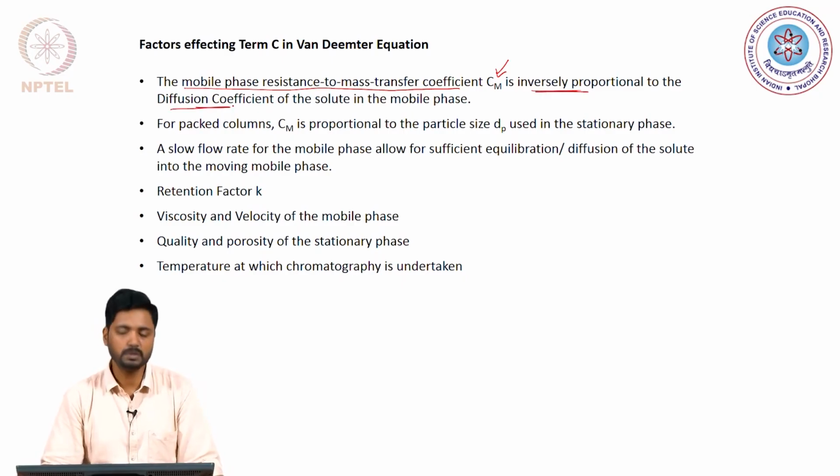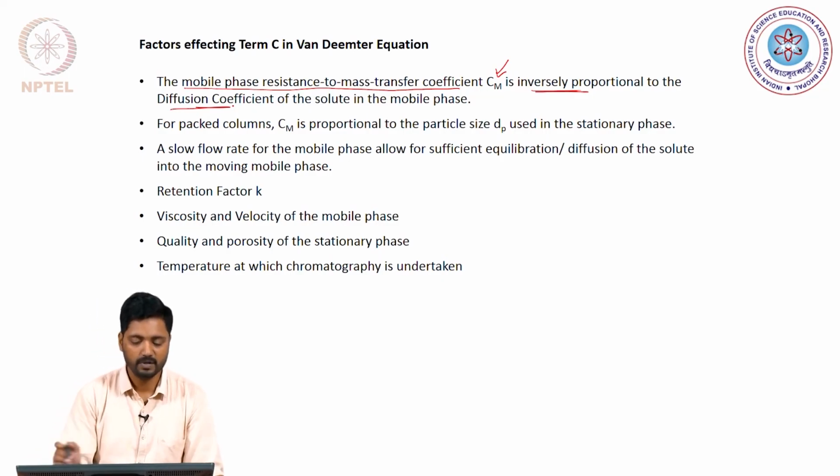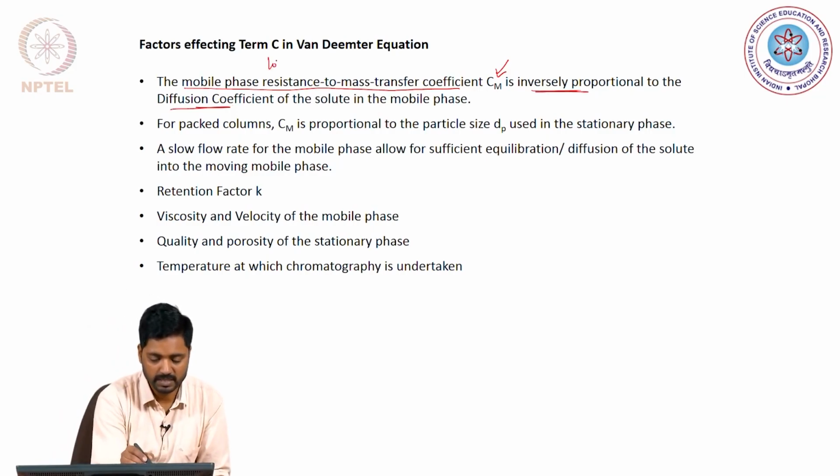That means a solute that can diffuse into the mobile phase much faster will have a lower resistance.